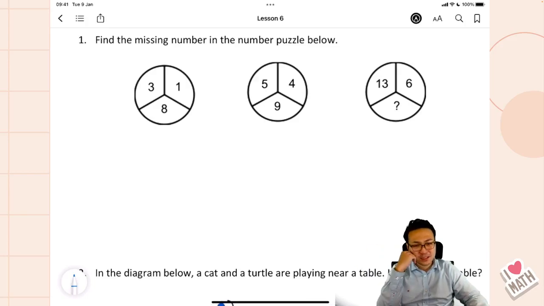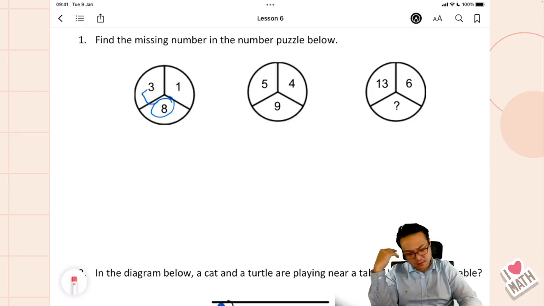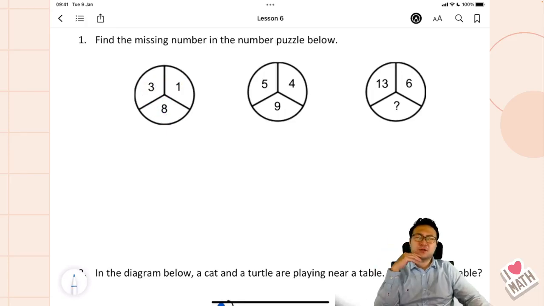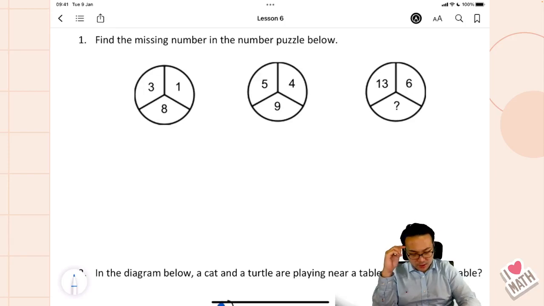So what other methods can we try? Maybe we try 8 minus 3 equals 1. No, it doesn't work. So there are so many things you can try, but eventually, why not we do this, okay? Very good, Kong. You got it. You take 3 times 3.